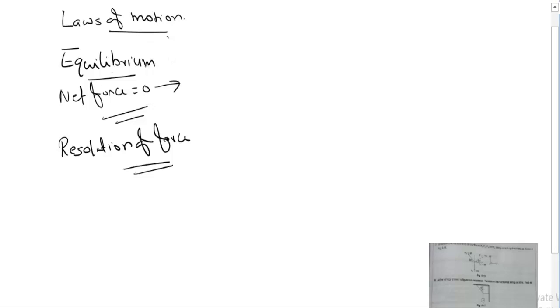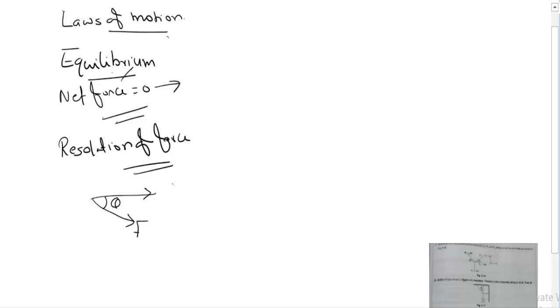Then for finding out how we can consider the net force is equal to zero, we use the resolution of a vector. What is meant by this resolution? Resolution means here, see, I have a force here, which is acting in this direction, making an angle theta with respect to the horizontal.